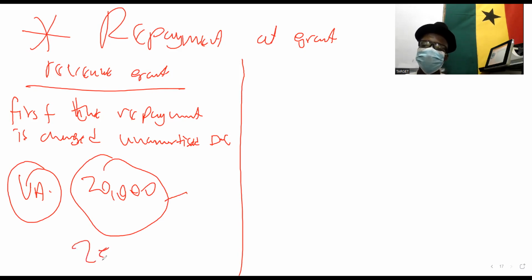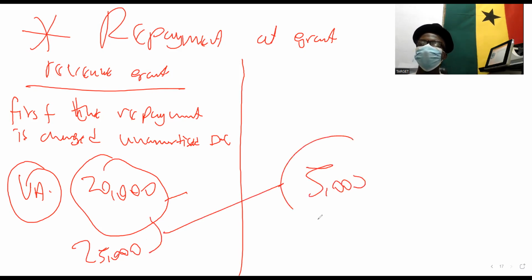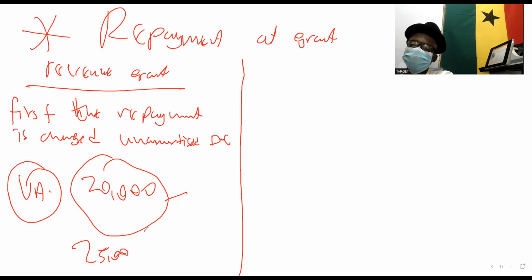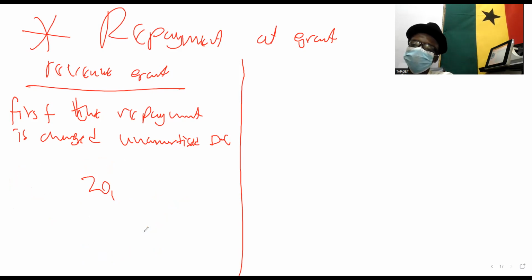But government has asked you to pay 25,000. Then it means that there's a loss. You charge 5,000 to your P&L immediately because you are paying much more than the unamortized grant balance that you have. So basically, that is it.